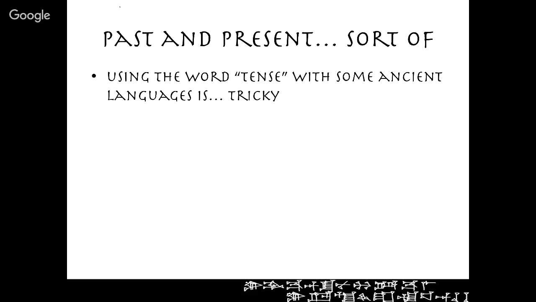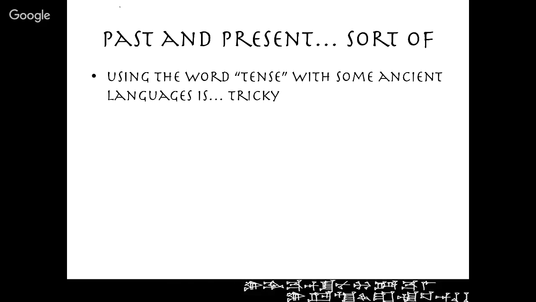All right. Past and present tense. So are these good words to use? Well, they are going to be for us because there's a more specific way to say it. A more precise way to describe the way they form things in action that is completed or not complete, but we're not going to deal with all of that.